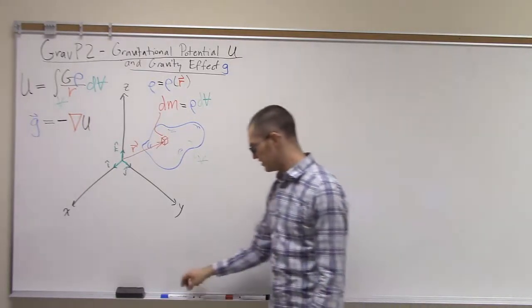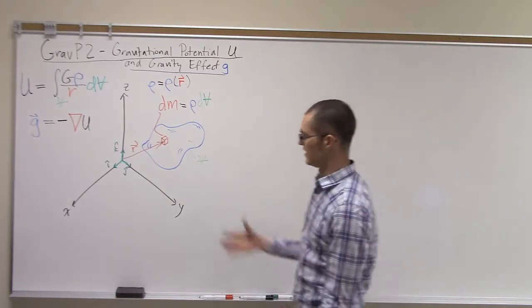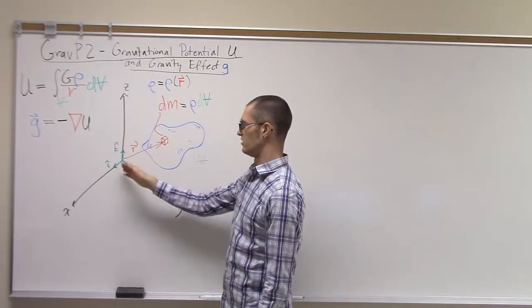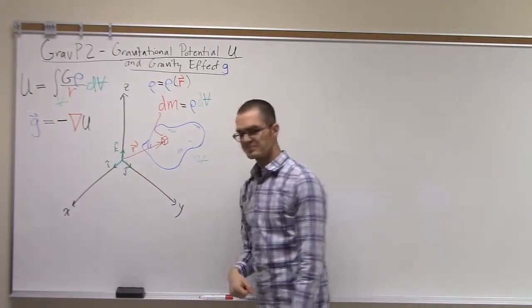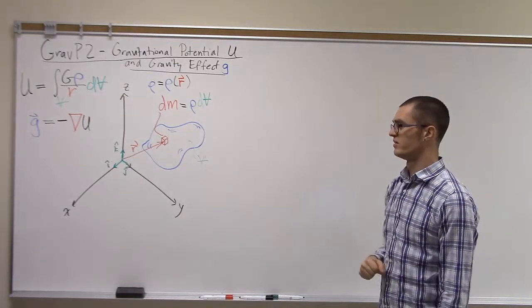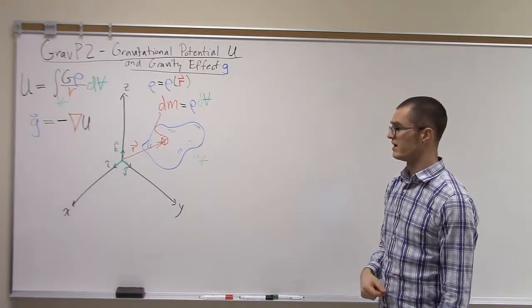So if we know at some point we have U, let's say we've evaluated U for a coordinate system located here, and we want to get what is the gravity field at that same point, so from the origin to that object.